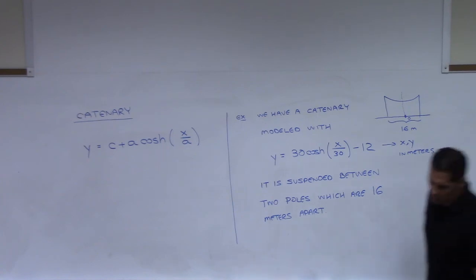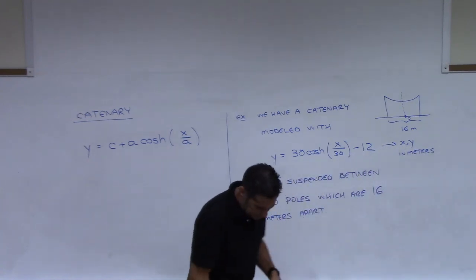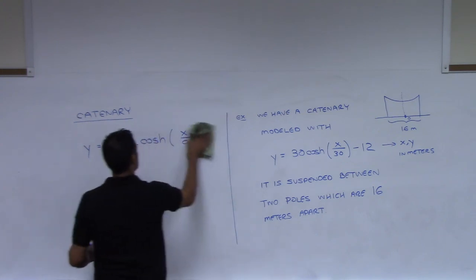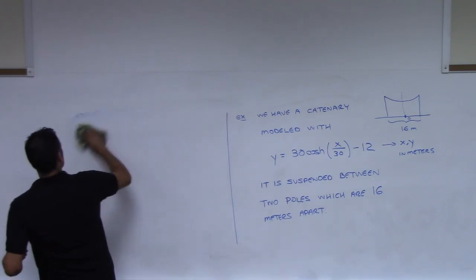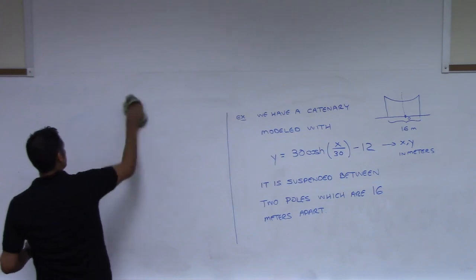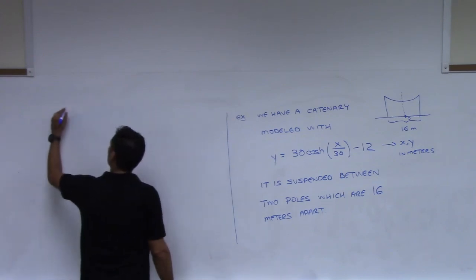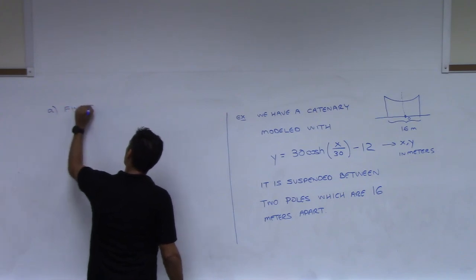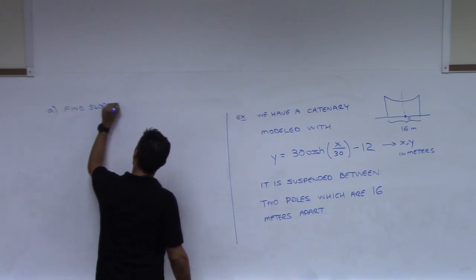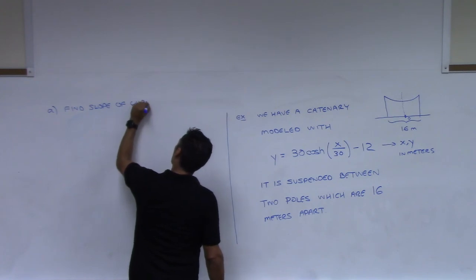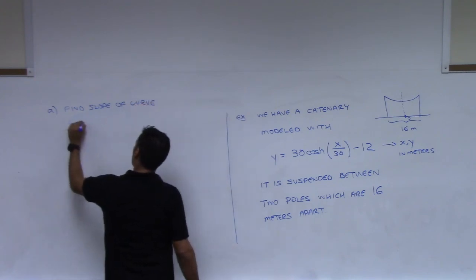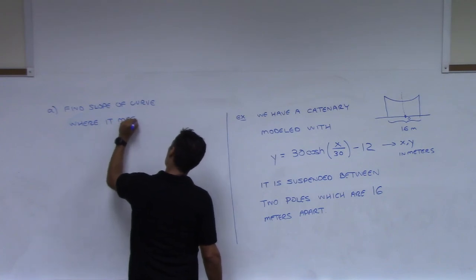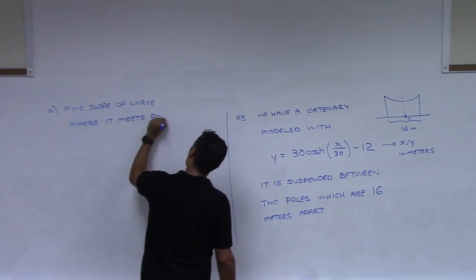So here's the first question. Part A: find the slope of the curve where it meets the pole.